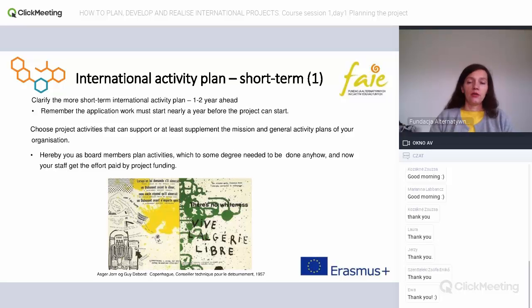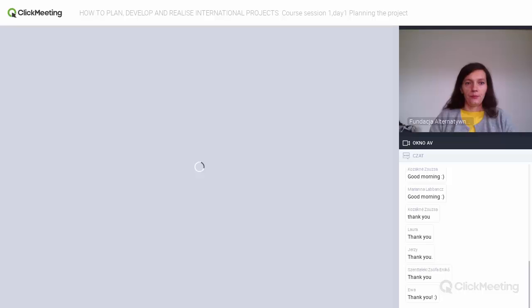But I'm quite aware it may be a challenge for some organizations which work, for example, mostly based on voluntary work, which is the case for many NGOs and civil society organizations. And here I understand that when the money is acquired, it means that you need to do some extra work, administrative and financial, and it may be a challenge for some organizations. So there are two sides of the medal all the time.